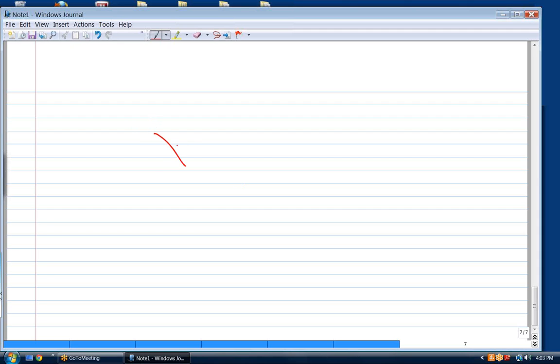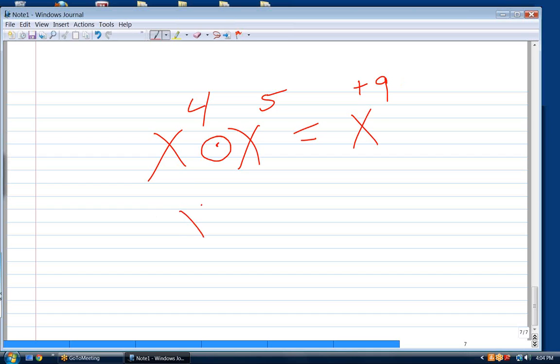Well, let's take this problem. Is that equal to? x, 9x, or x to the power of 9? x to the power of 20. No, 9, I was right the first time. Okay. In other words, when we're multiplying, we add the exponents. When we're dividing, we subtract, as long as it's the same base.